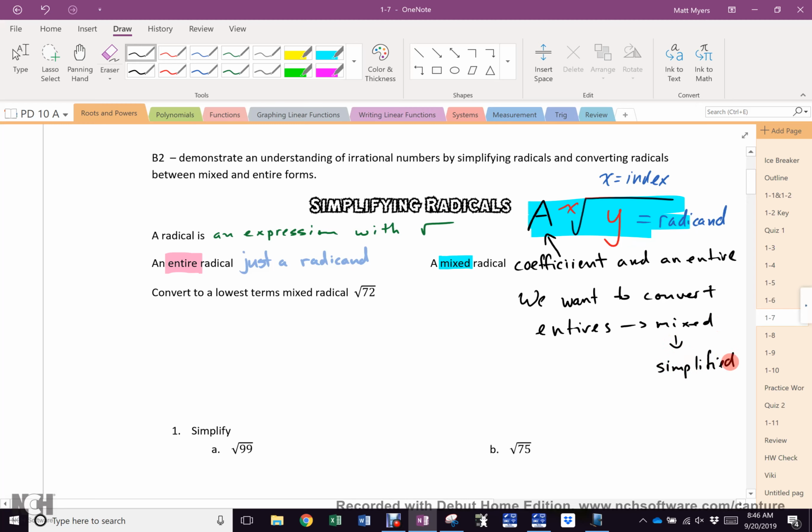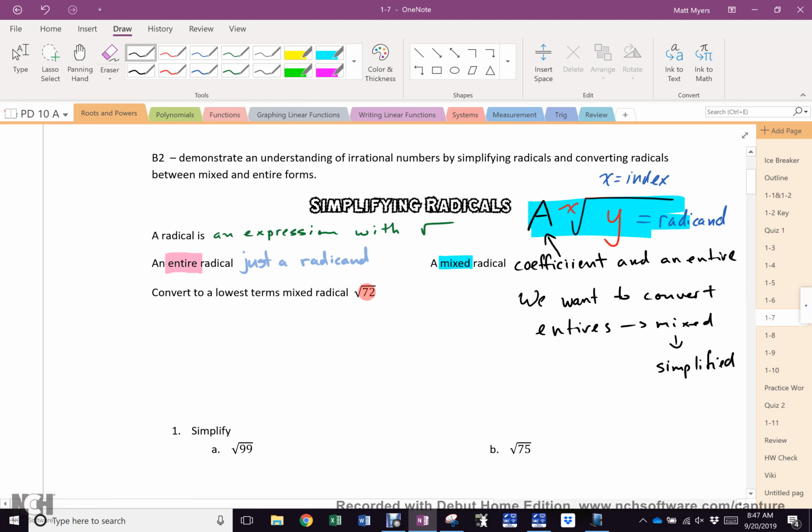Now, sometimes we have to use entires. So you got to be able to work back and forth between the two. And that's what you're going to see by that line I drew. You're going to have seen how to go from entire to mixed and mixed to entire. And then I'm going to shut up and then we'll have some chill time because it's Friday and it's gross out.